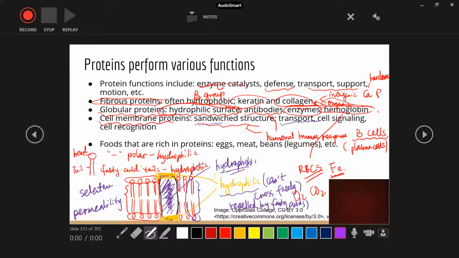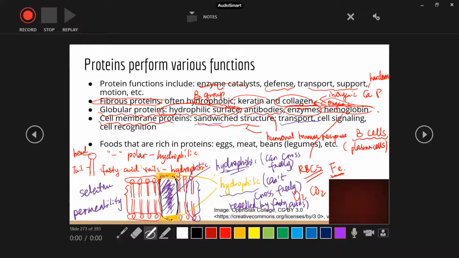Now, if it's a hydrophobic molecule, that's a totally different story, right? Usually they can cross freely because they mix well with the fatty acid tails, right? So they can usually cross the cell membrane very easily.